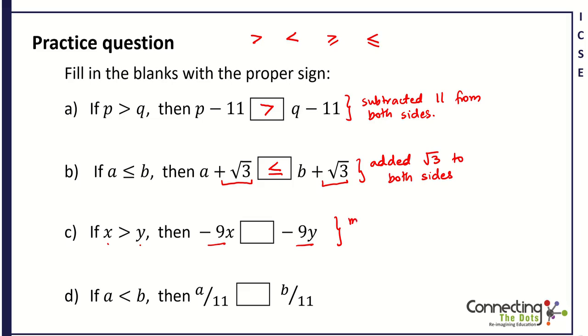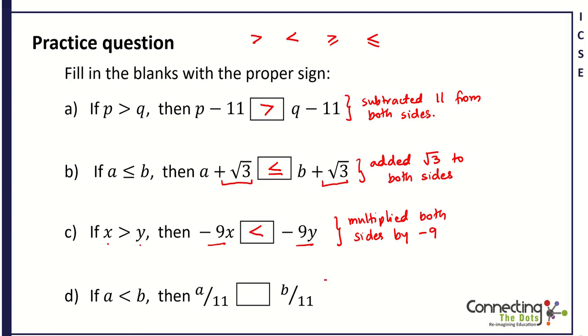What has happened here is we have multiplied both sides by a negative number, and that's why we get minus 9x and minus 9y, in which case what was greater than here becomes less than, because we multiplied both sides of the inequation by a negative number.